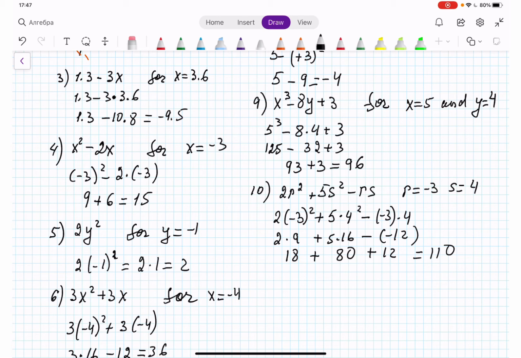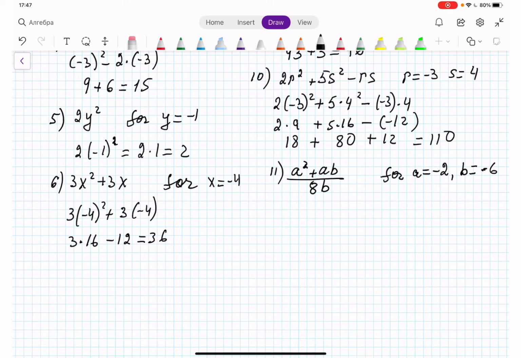Question number 11. A squared plus AB divided by 8B. And we need to evaluate for A is equal negative 2 and B is equal negative 6. All right, let's see what we have.